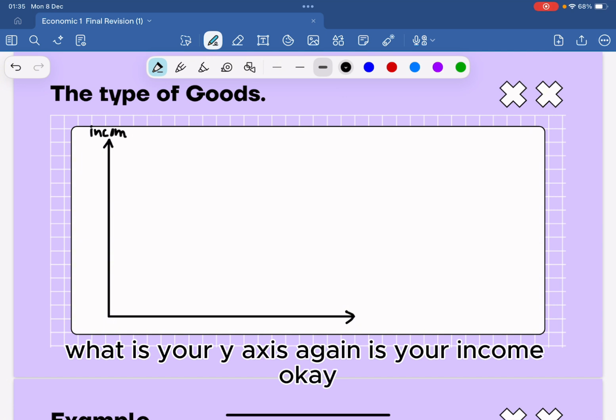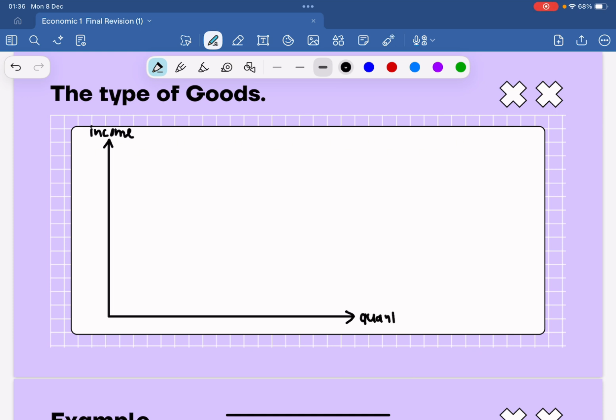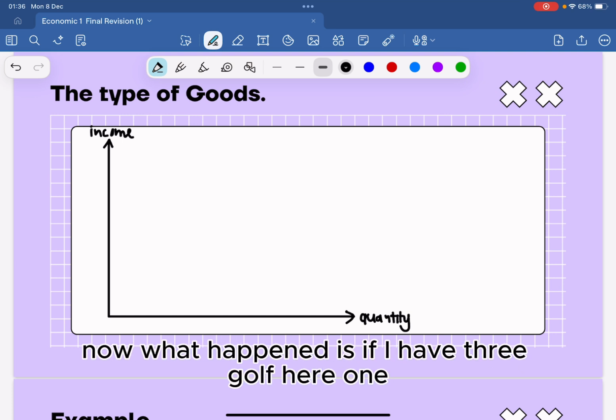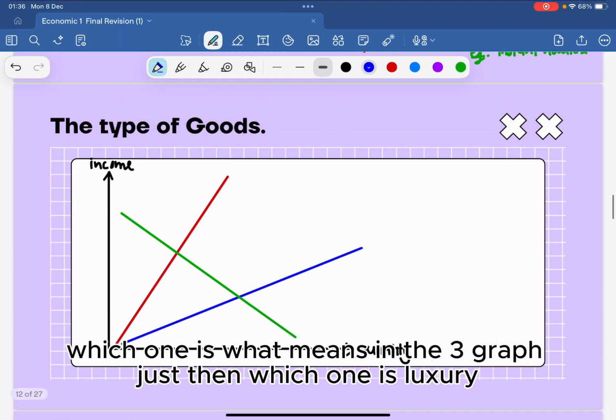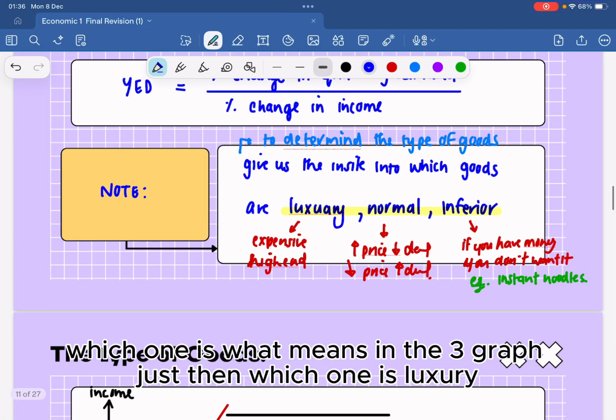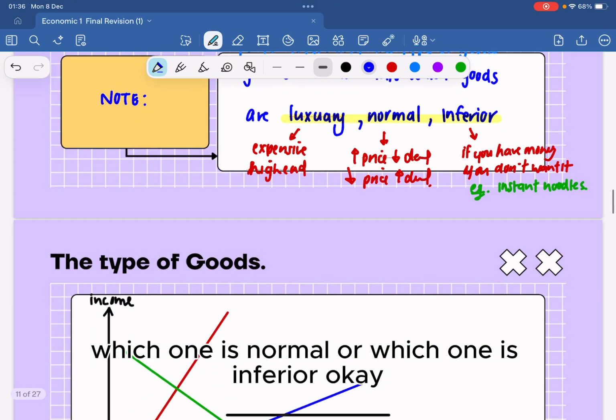It is your income. And your x-axis is your quantity. Now, if I have three graphs here, 1, 2, 3, which one is what?